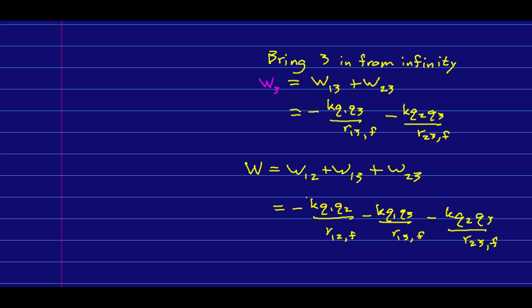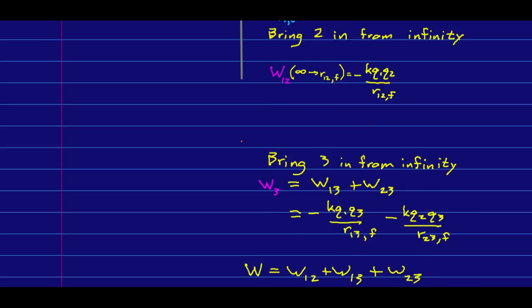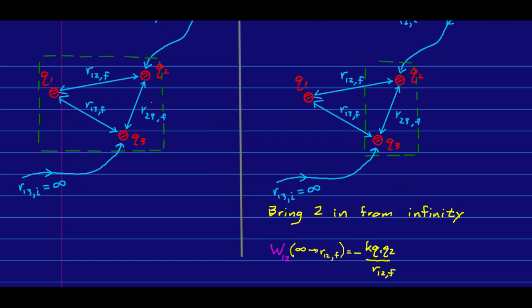Well, now we can conclude what the potential energy is, because again, we know that to get the change in potential energy of the system, all we need to do is take the negative of the work done by the electrostatic forces. And so that will give us the change in U_E as we bring these particles in from infinity. And that is our U_E final minus our U_E initial. But since they started at infinite distance, we know that the initial was 0.